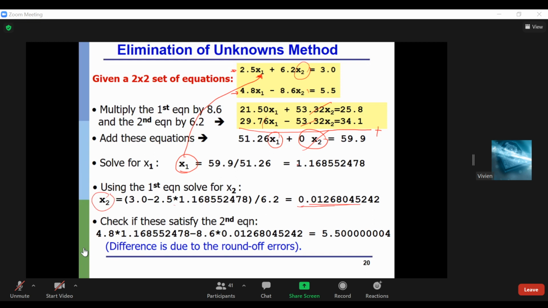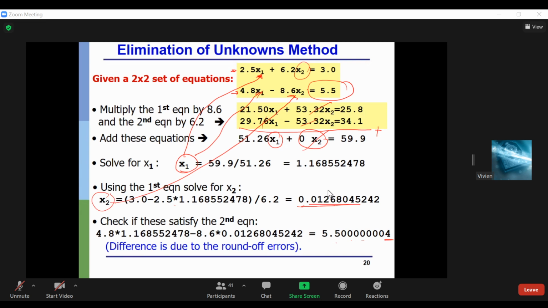Once we have the values of x1 and x2, we can do checking: we insert the values of x1 and x2 back into the second equation and check whether the result is similar to the right hand side. If we insert this into the calculation, now the value will be 5.500, and we have 4 here. This is the difference due to round-off error. So this is the method of elimination, and I think you have applied this many times during calculations.